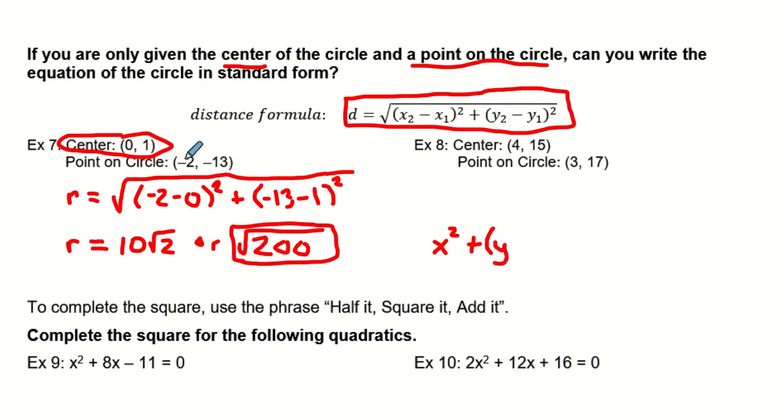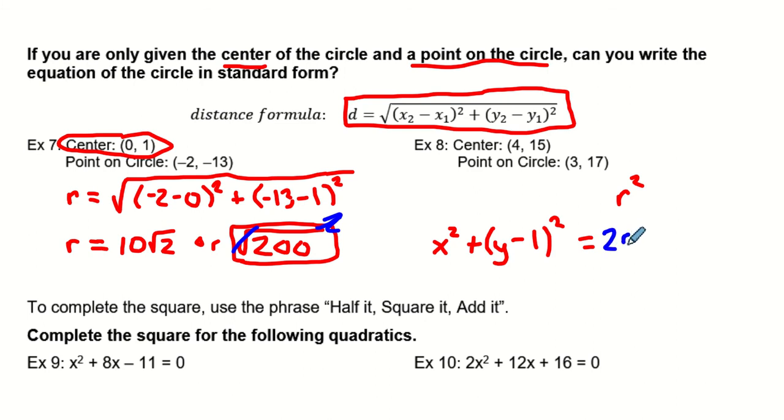Now remember, when we put it in the formula, we change the sign, so it's not plus 1, but minus 1. And then what goes here, remember, and I'm going to write it a little bit above it, is the radius squared. Now this is the radius, but if I square the square root of 200, remember the square root and the square cancel. So actually what goes here is 200.